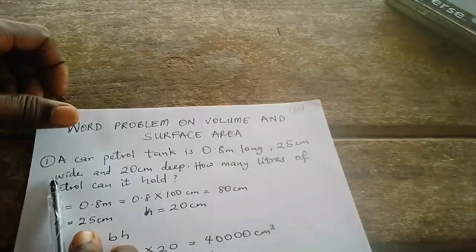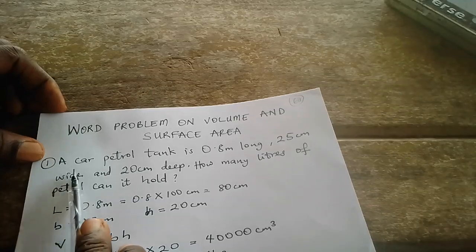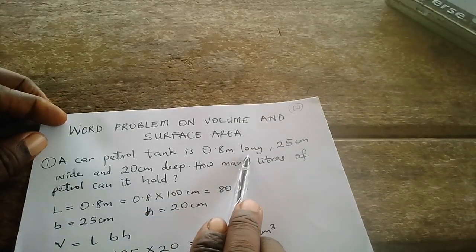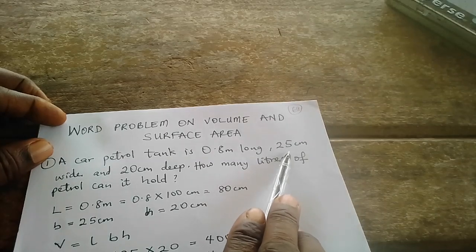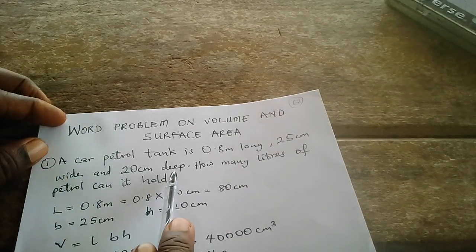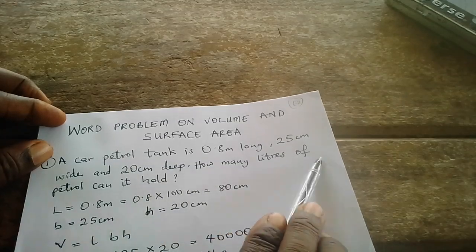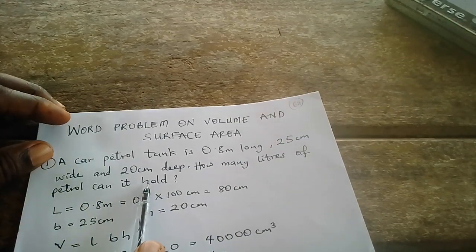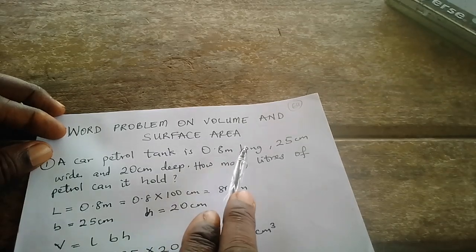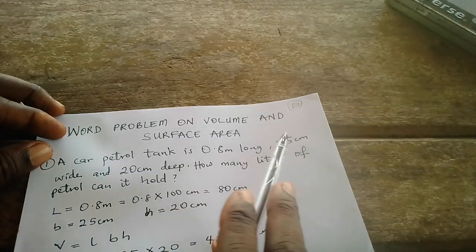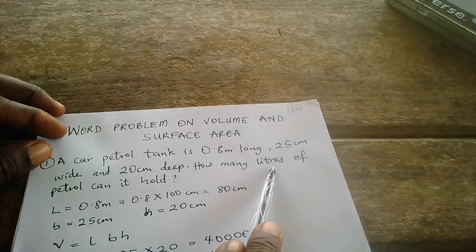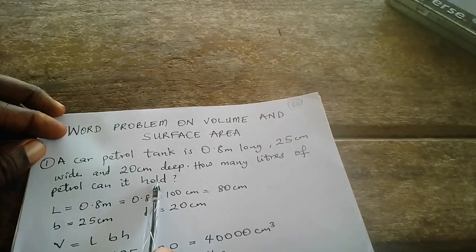Number one: a car petrol tank is 0.8 meter long, 25 centimeter wide, and 20 centimeter deep. How many liters of petrol can it hold?